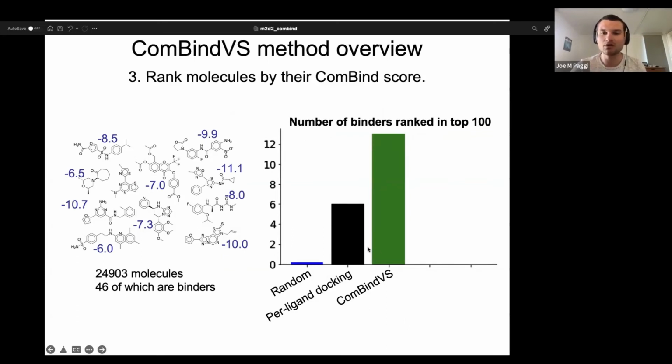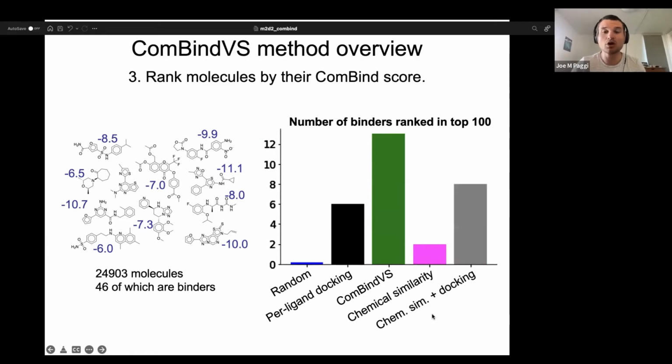In the first part of the talk, for binding pose prediction, per-ligand docking was the only reasonable benchmark. But here there are other things you can do. For instance, you can use a ligand-based method, which assesses the chemical similarity of each of the ligands in the library to the known binders.